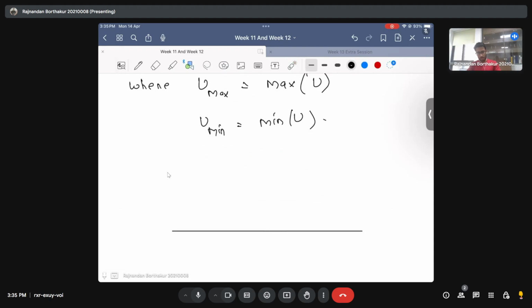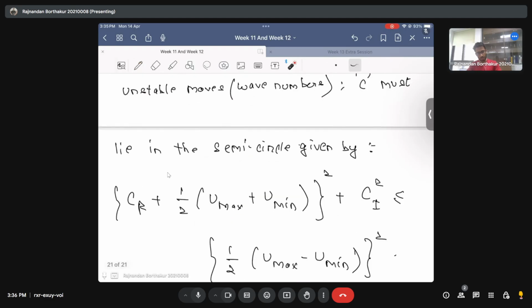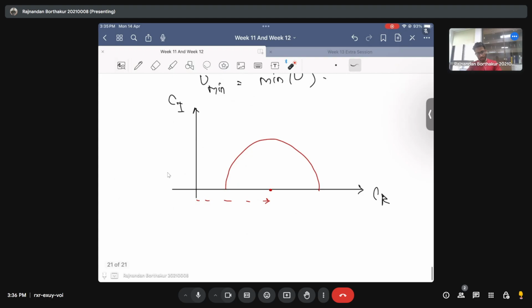For instance, if I just draw this schematic, if I plot Ci versus Cr, then for instabilities, there will be a semicircle. The center of this semicircle is basically this term, half of U max plus U min. This is the center.